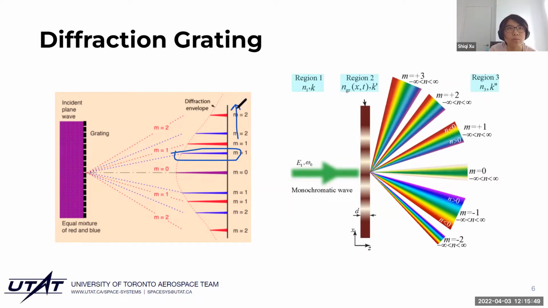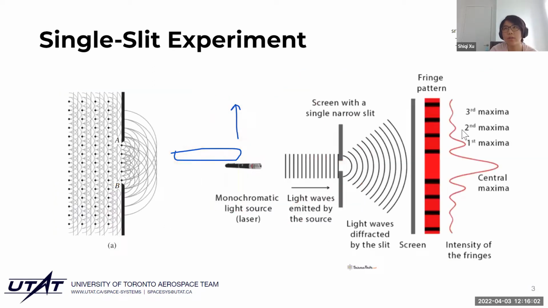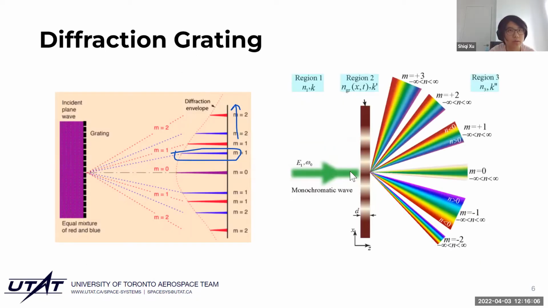So it's just not as useful because we have less signal. Well, the 0th is the one that doesn't exhibit diffraction. It's just straight through white light.